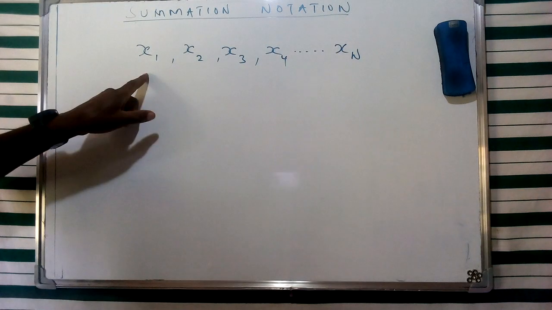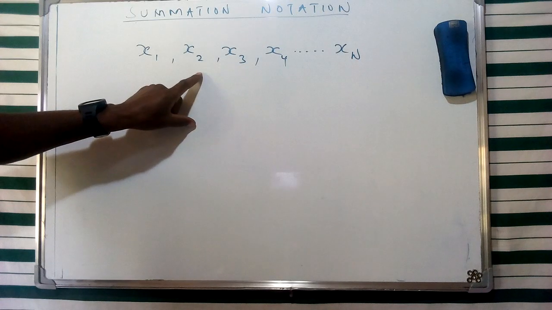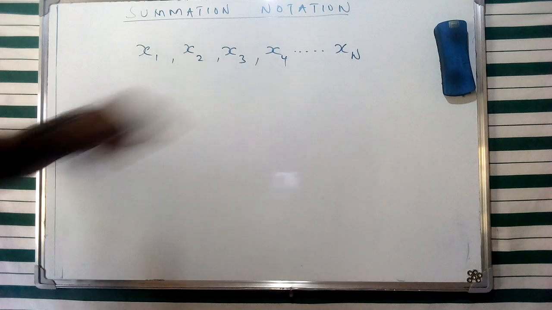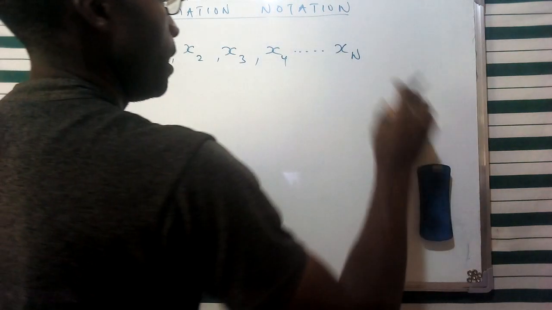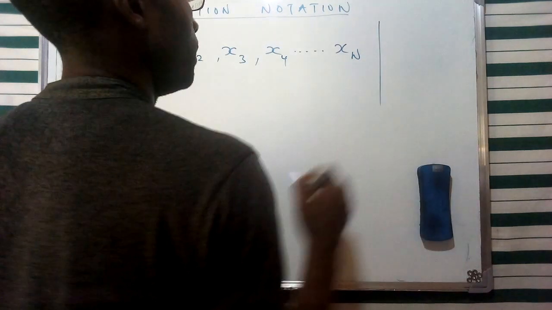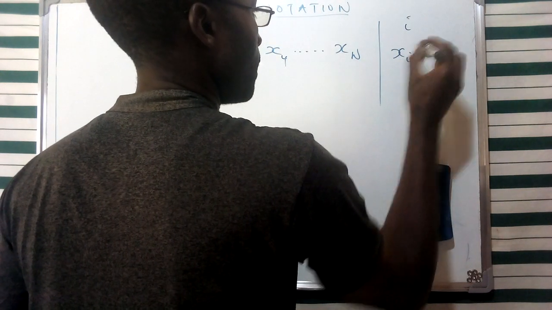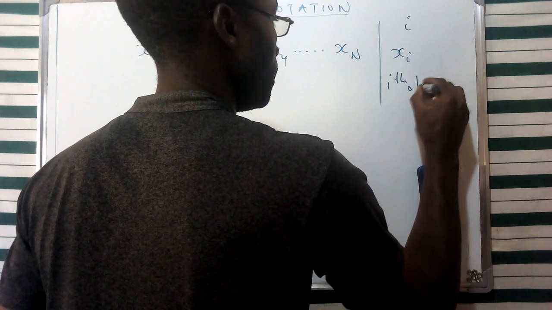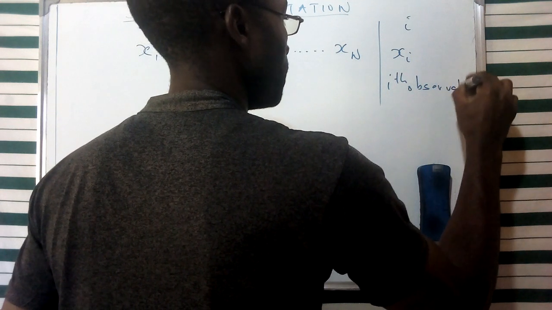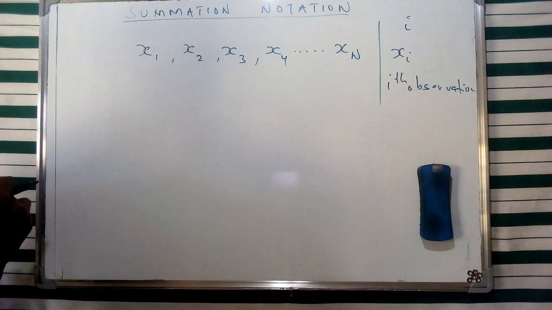Each of these is going to represent an observation or a measurement, appearing as x1, x2, x3. Generally, we can give a specific observation in terms of i, given as xi, which represents what we refer to as the ith observation, a general representation of a particular element.